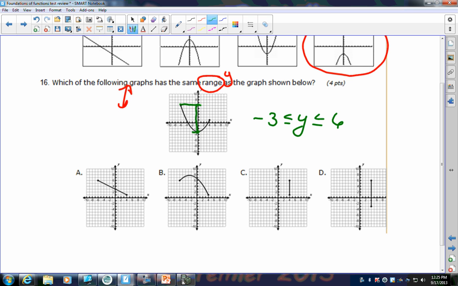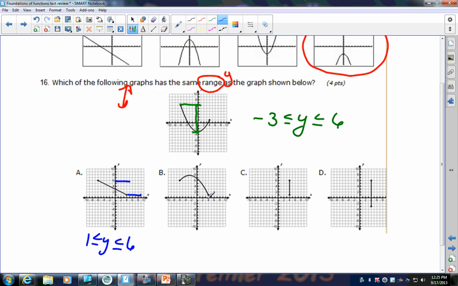Now I'm trying to figure out which of these does the same. On A, it starts at 1 and goes up to 6, so 1 less than or equal to y less than or equal to 6. That's not right.